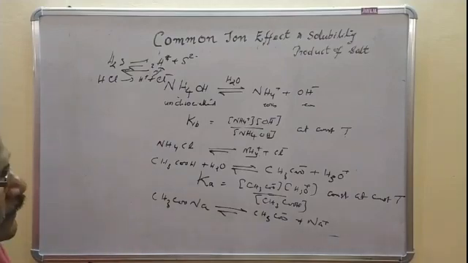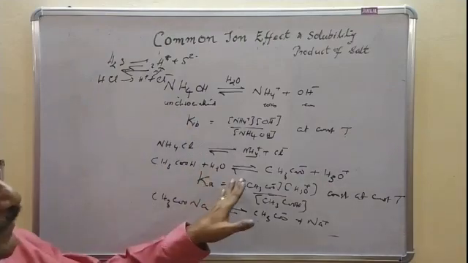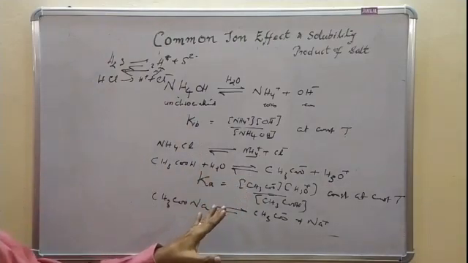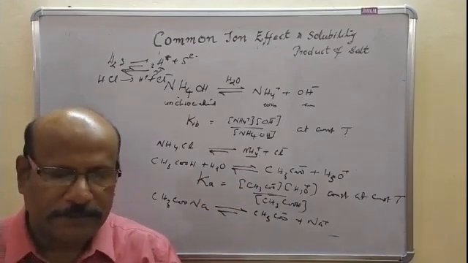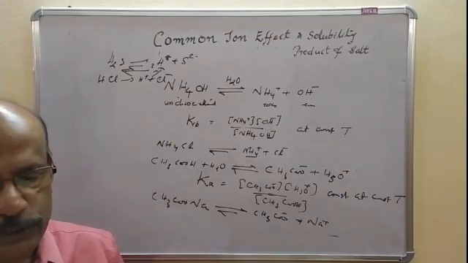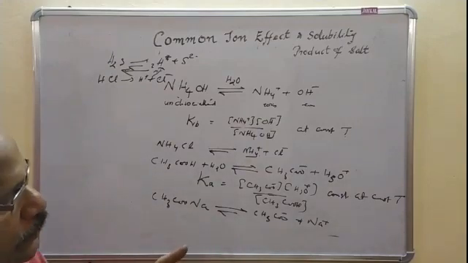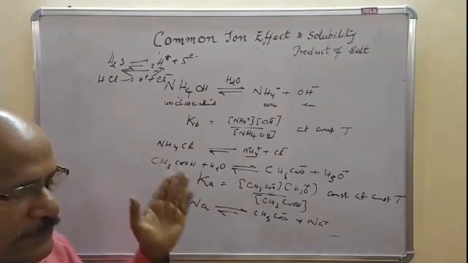The important application of the common ion effect is that we can apply this principle in analytical chemistry. We will go into those aspects after discussing the solubility product also. So first of all, study this definition with the example.